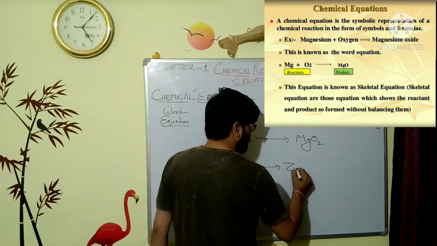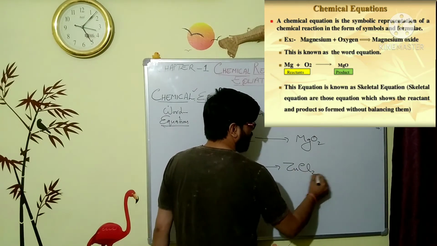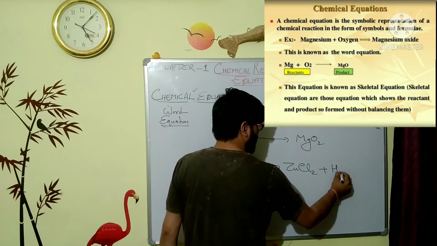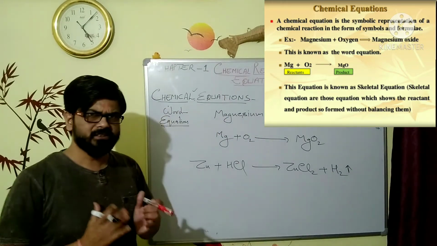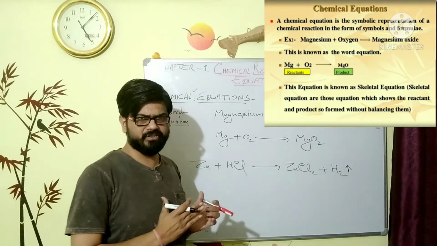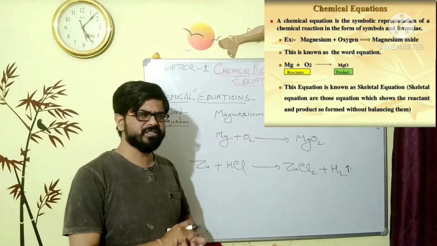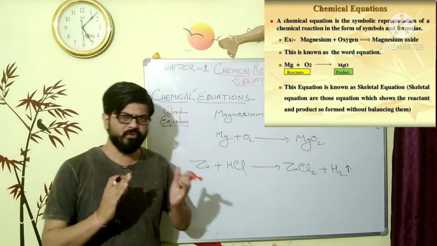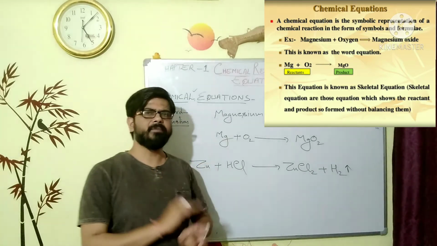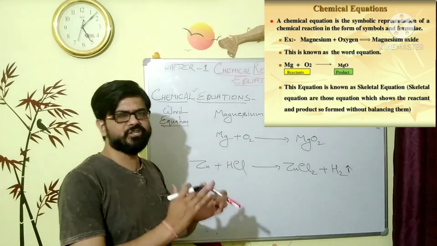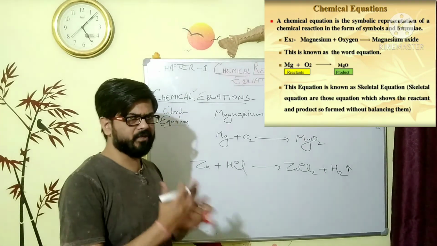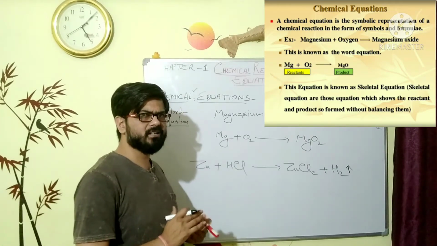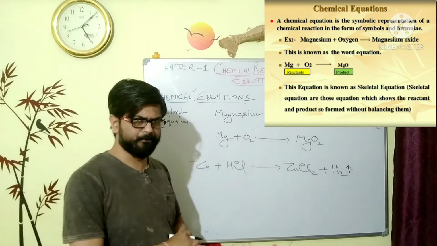The salt which is formed is zinc chloride, and hydrogen gas is evolved. So chemical equations are the representation of chemical changes in a short, convenient and effective method, so that we can demonstrate the chemical change effectively.